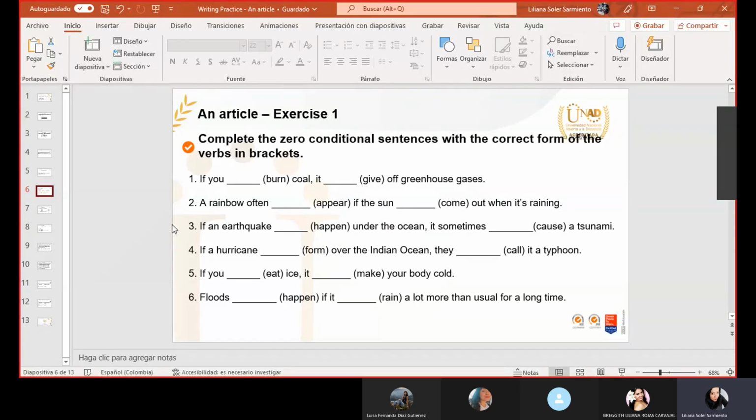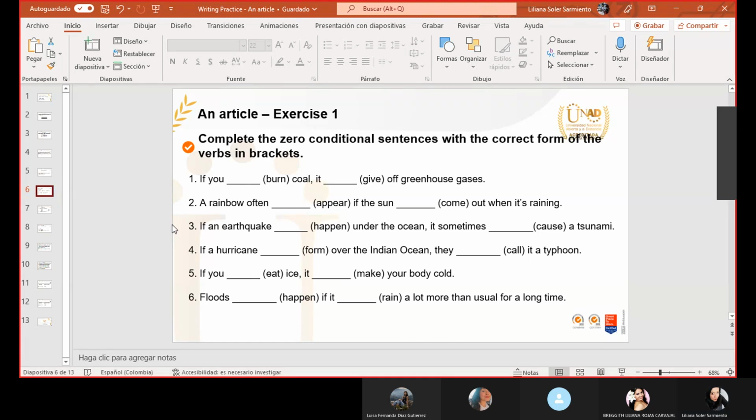It appears if the sun, what is the correct form of the verb? Comes out, yes, exactly, with a letter S at the end of the verb. If the sun comes out when it's raining. Very good.